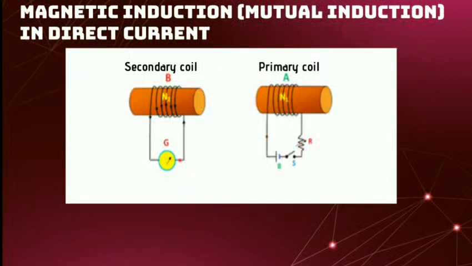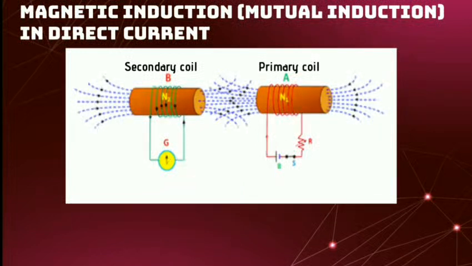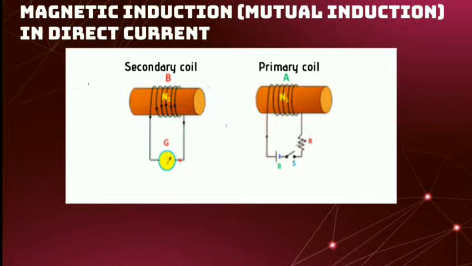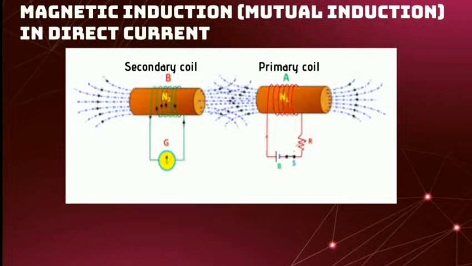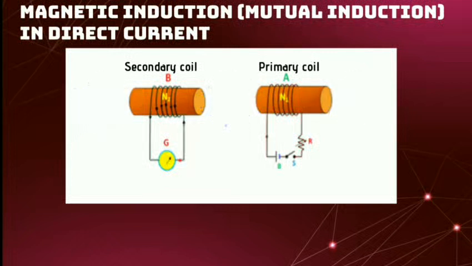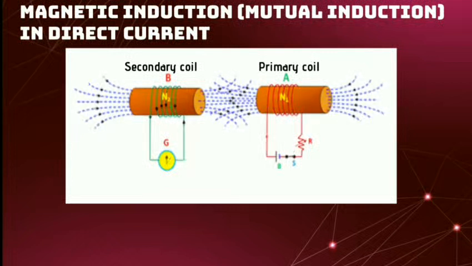From these observations, we can conclude that a potential difference is induced in the secondary coil whenever the current through coil 1 is changing.